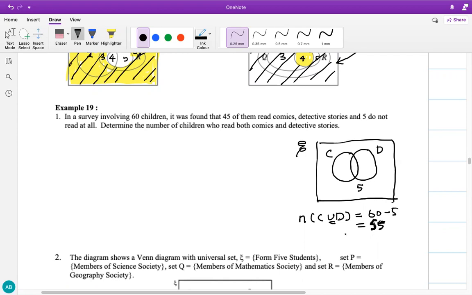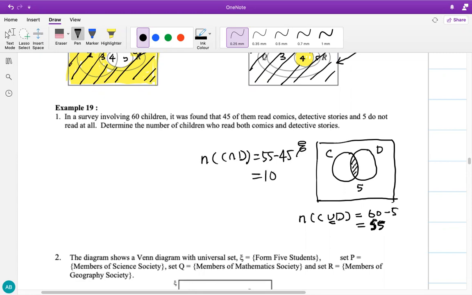If you assume those who read both, both comic and also detective story, it will be here. So C intersect D will be 55 minus 45.